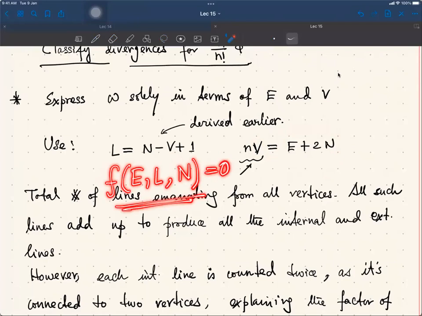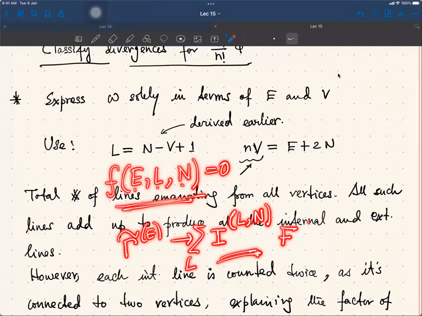That means that if you fix E and L, N is fixed. And that is the reason why that gamma tilde had this I, where we had L comma N. And I mentioned earlier that for a fixed value of E, when you choose this L, then when you fix L, then N, the number of internal lines, is also fixed, and that's a result of using these two equations.